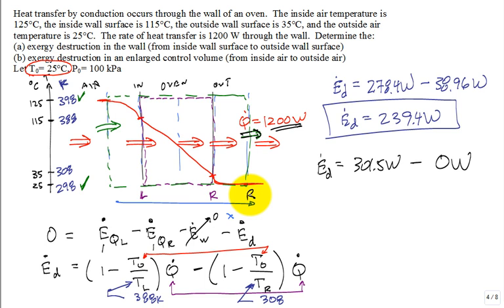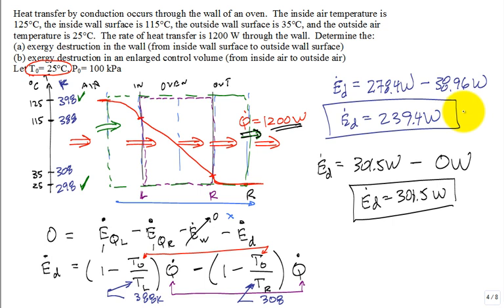With all that 1,200 watts, there's no exergy transfer with it? That's right. Because it's at the dead state temperature. It's at 298. So the rate of exergy destruction is 301.5 watts. Is it larger for the enlarged system? Yes. Let's move on.